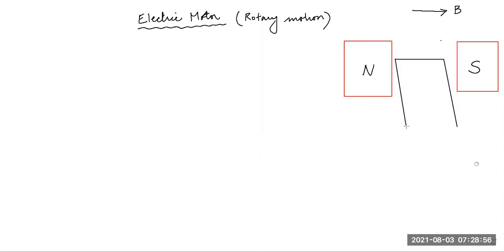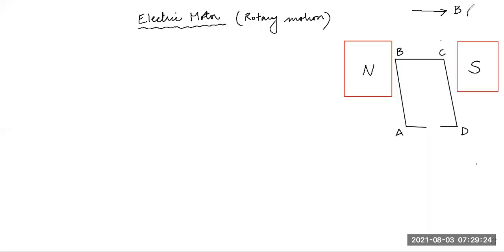So now students, you see this copper insulated wire is in the form of this rectangle, and I say its name is A, B, C, D. Now you can exactly see, students, this side BC is along the direction of magnetic field.